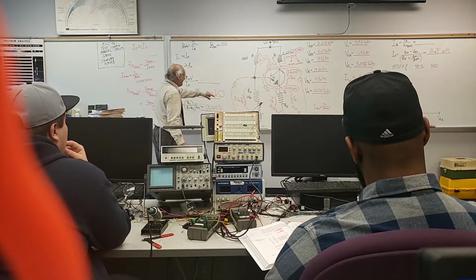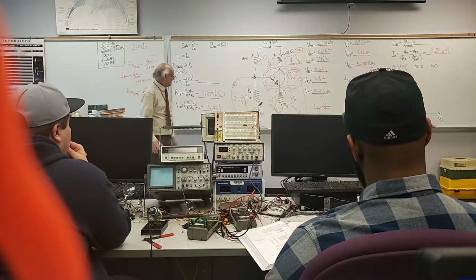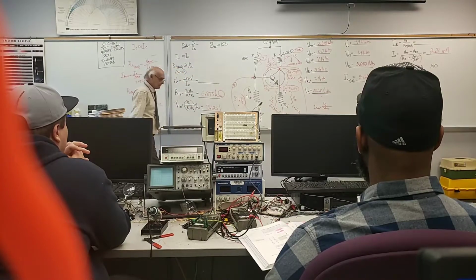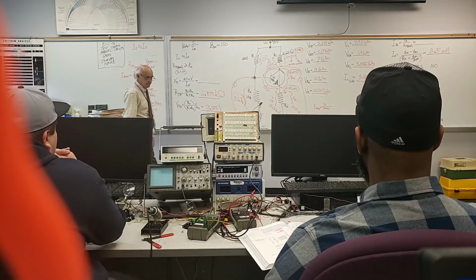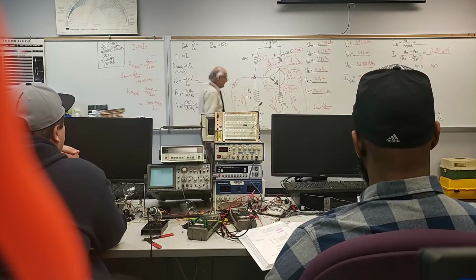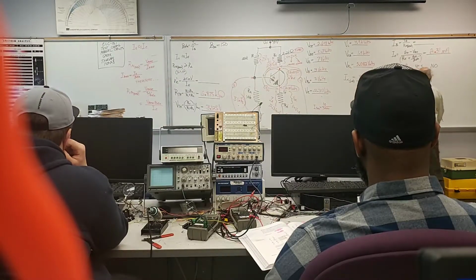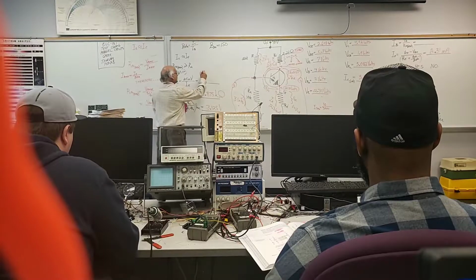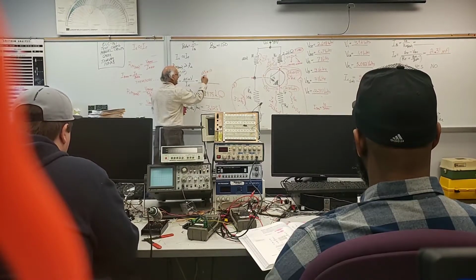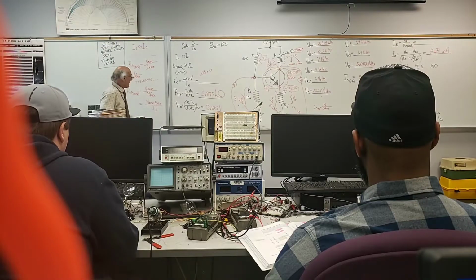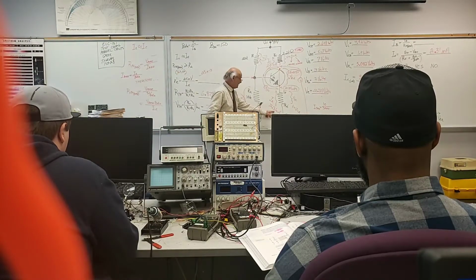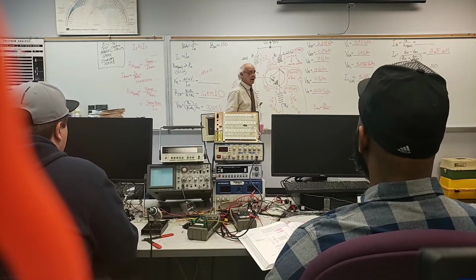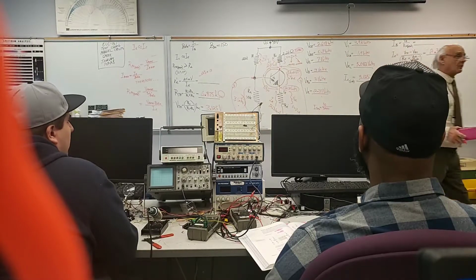So we divide millis by millis, you can just throw the millis away. 25 divided by 2.31 is about 10.8. 25 millivolts is 25 E negative 3, divided by the emitter current, 2.31 E negative 3. E negative 3 goes into E negative 3 one time, so I can throw the millis away.